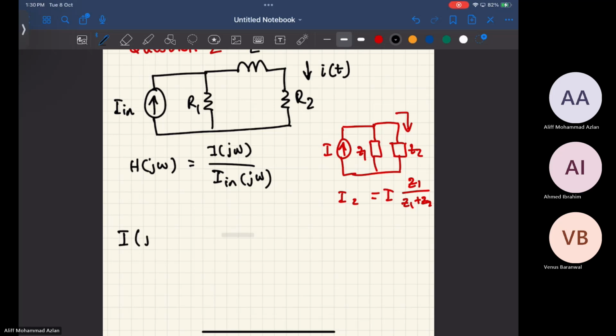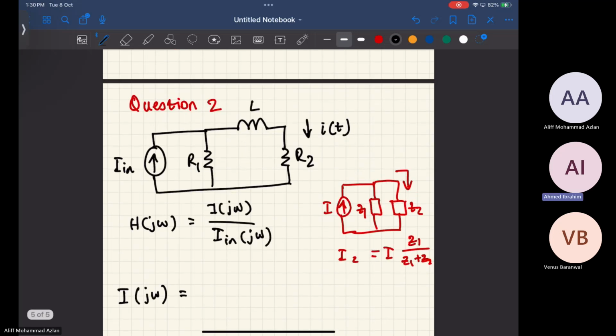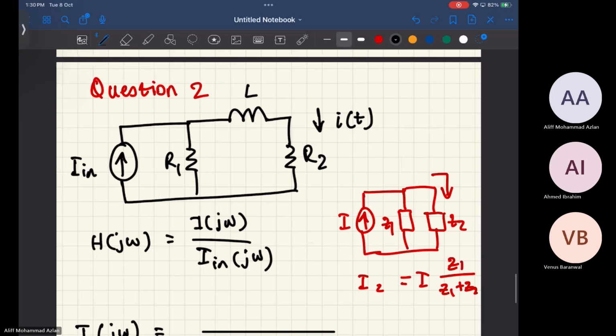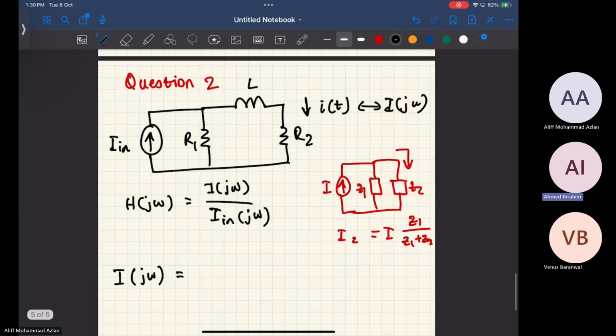So I of j omega. And the reason we work in the frequency domain here is because obviously you have an inductor, which is frequency dependent. So this becomes I(j omega).